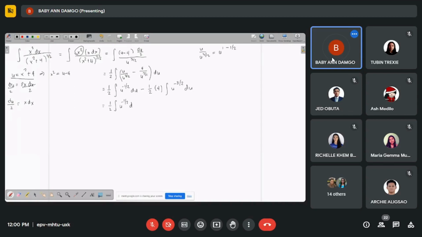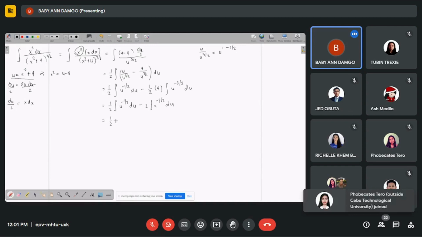Okay, so apply the power rule for integration. So we have 1 half times u to the negative 1 half plus 1 over negative 1 half plus 1 minus 2 times u to the negative 3 halves plus 1 over negative 3 halves plus 1 plus c.